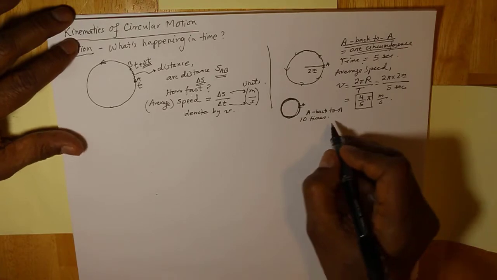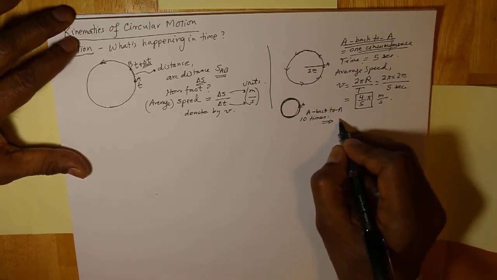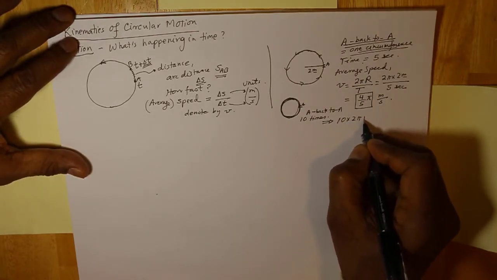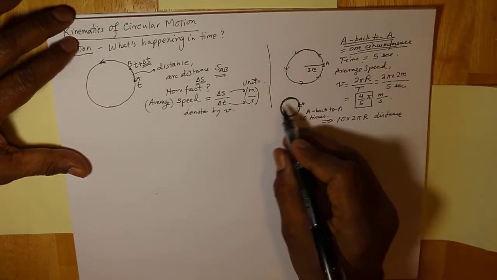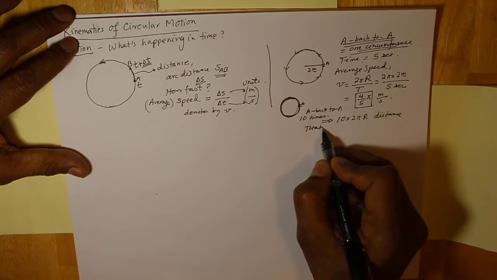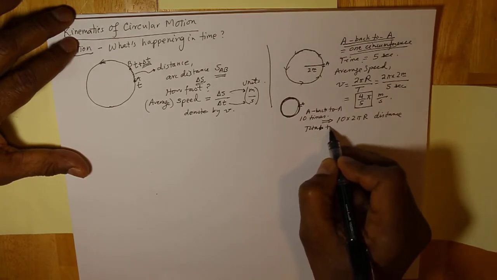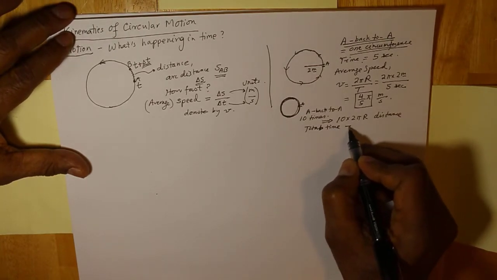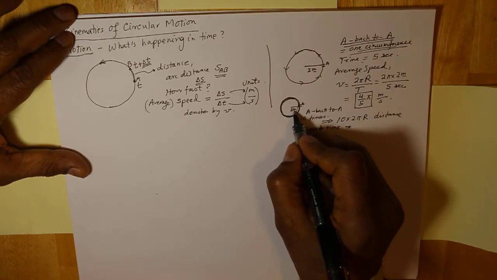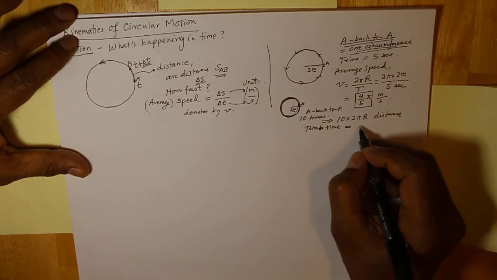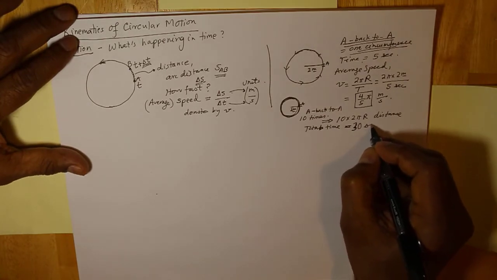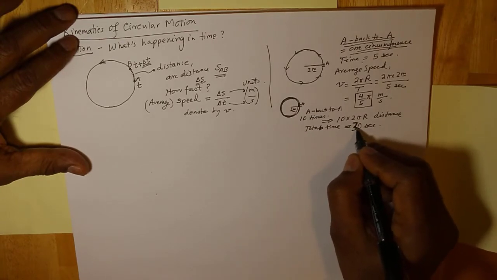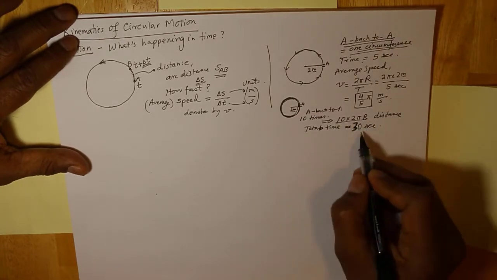So that means that will be 10 times 2 pi r as the distance. And say this was 2 meters here again, and total time was, say, maybe let's put it 30 seconds. It went that and 30 seconds.